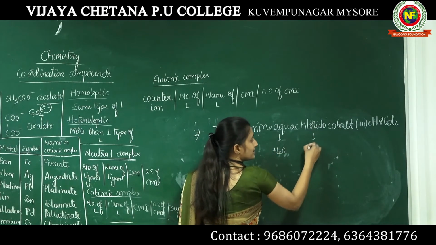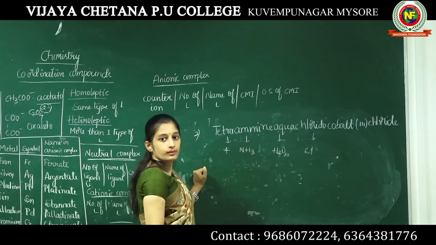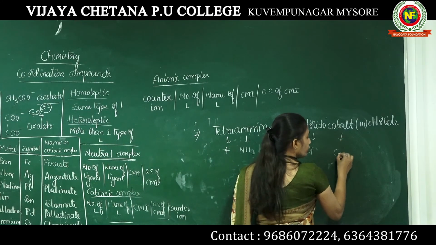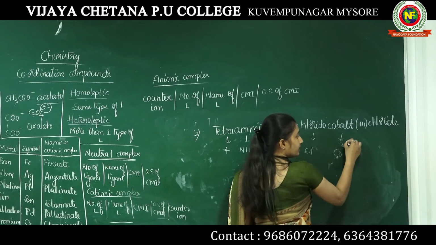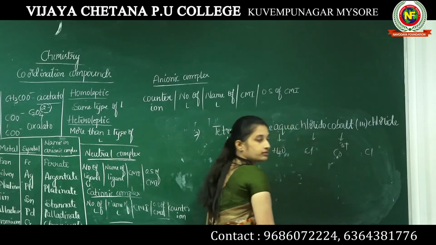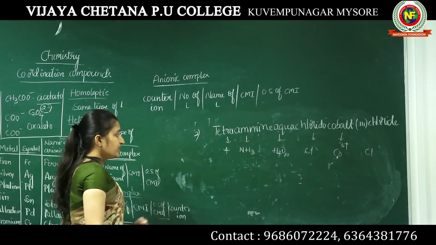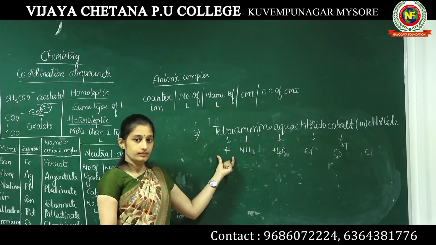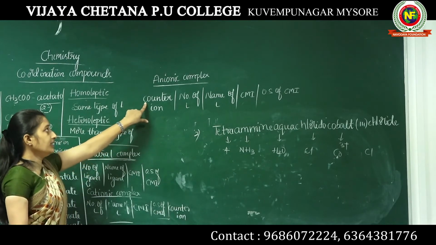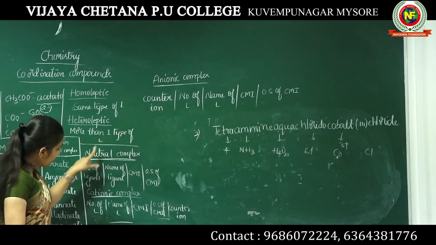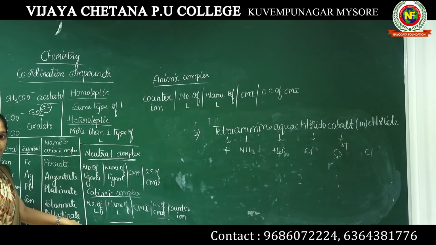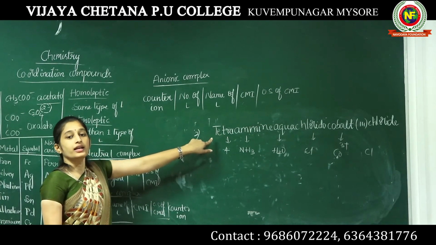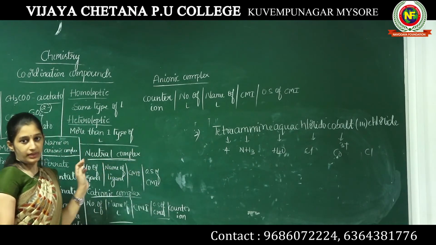Chlorido means Cl. Cobalt means Co. Cobalt charge plus 3. Chloride means the first one has a number of ligands. See, here the counter ion is first, but the number of ligands is there, so it can come in both. It may be a neutral complex or it may be a cationic complex.